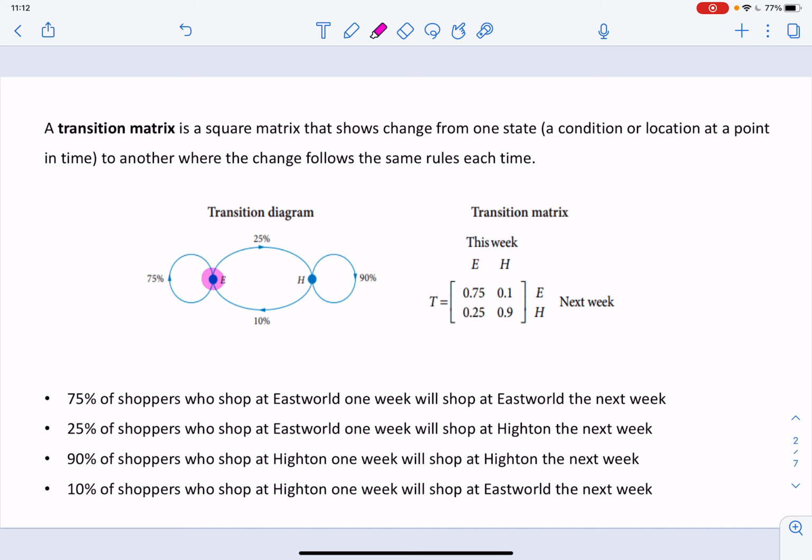This means the 75% of shoppers who shop at Eastworld will shop at Eastworld the next week, and again, and again, because they have no imagination and don't go outside their comfort zone. Whereas 25% of the shoppers who shop at Eastworld one week will shop at Highton the next week. So the rest of those will go across to Highton.